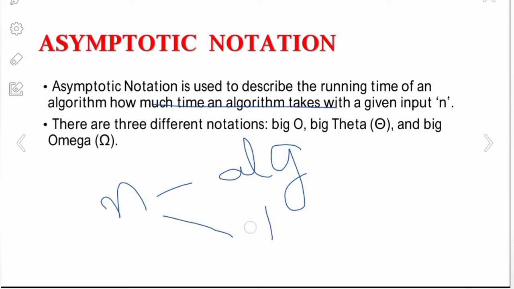We will apply the same input size to different types of data structures, that may be arrays, stacks, or queues. We will see the three different notations, that is big O, big theta, and big omega.